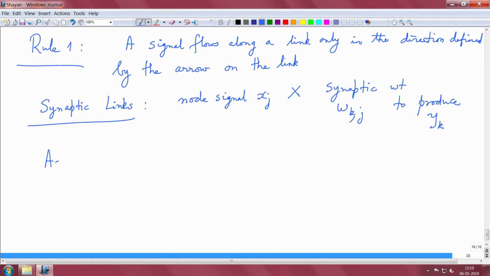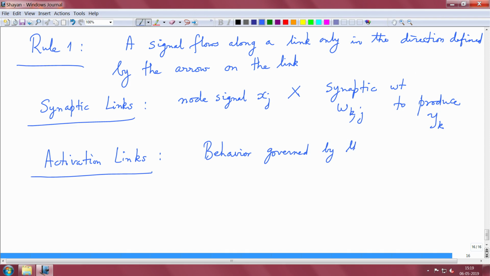And we have activation links, and the behavior of these activation links is governed by the activation function, by the nonlinear input output relationship. This is rule 1.